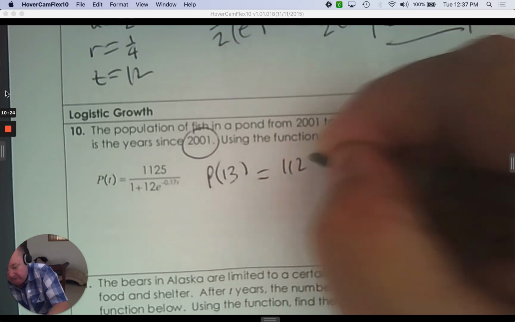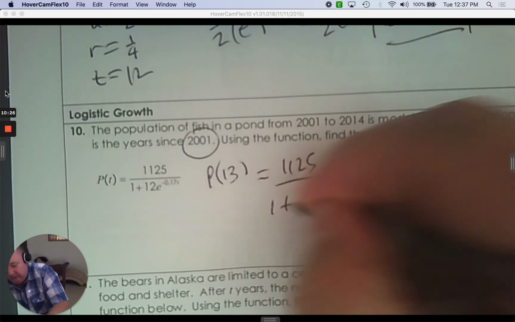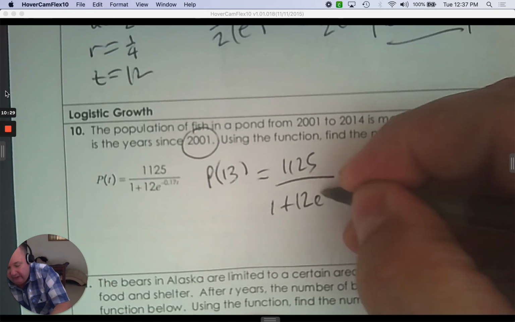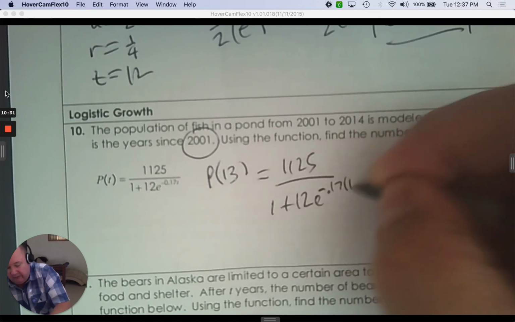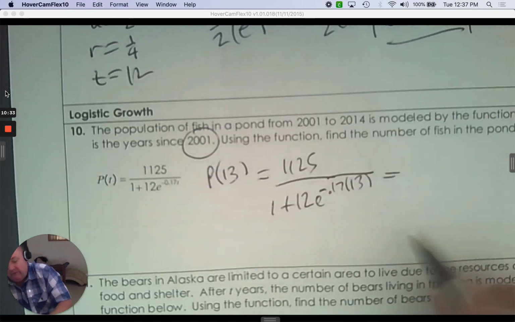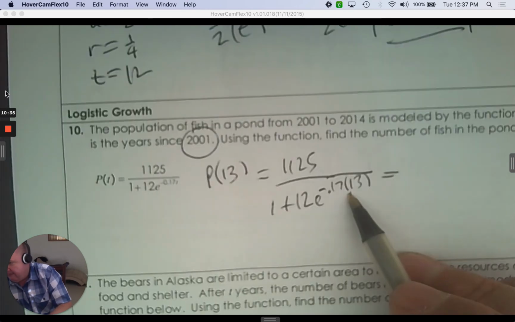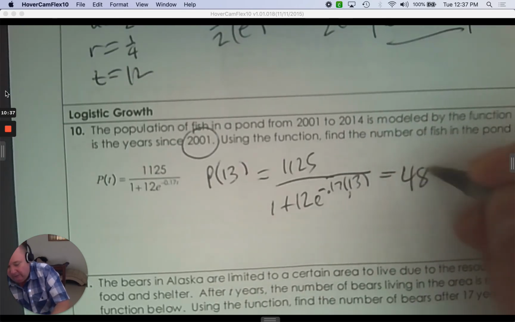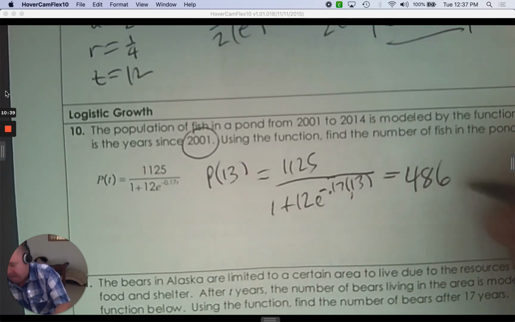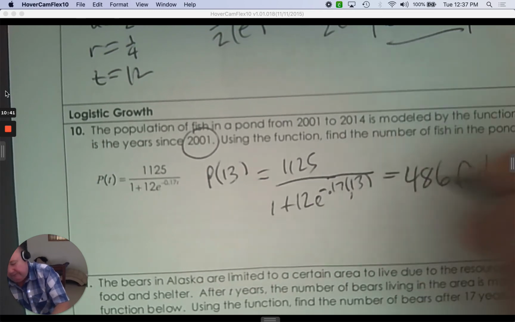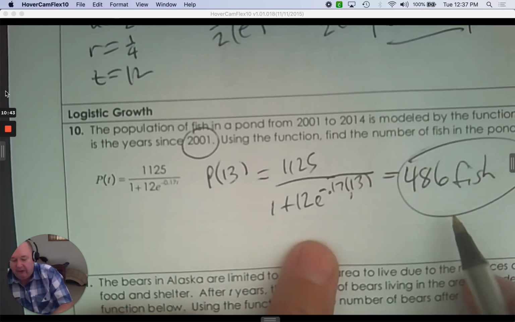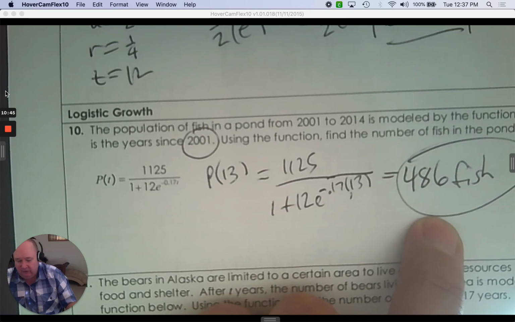Super simple. So even though the formula looks scary, if you just have to plug in the right number, just do that. You can use Desmos to help you. And we're going to do it to the whole number, not a part of a fish. So approximately 486 fish will be in the pond after 13 years.